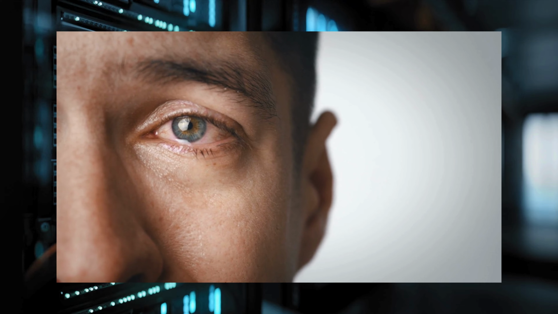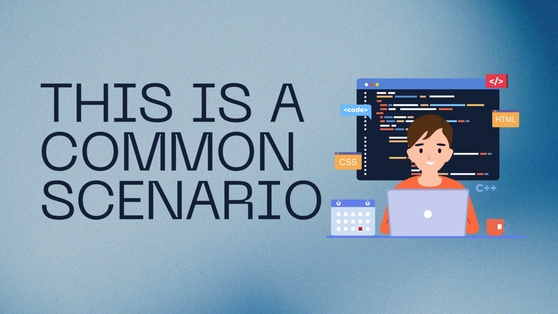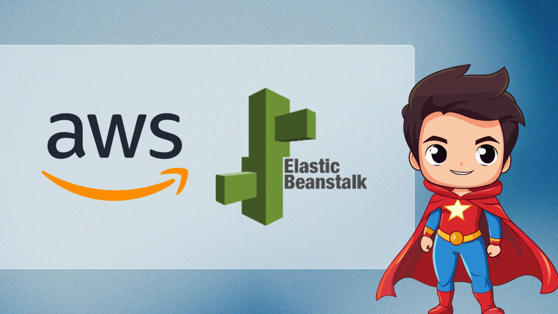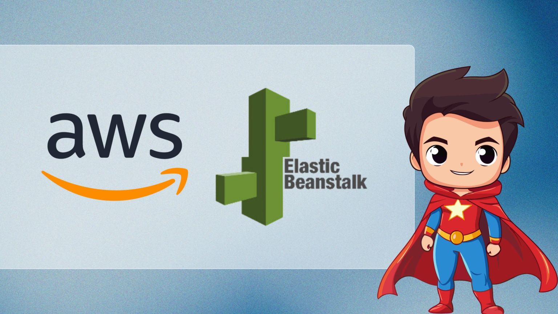This is a common scenario for many developers when deploying applications manually. The process can be error prone, quite time consuming, and downright frustrating. That is where AWS Elastic Beanstalk comes in to save the day.